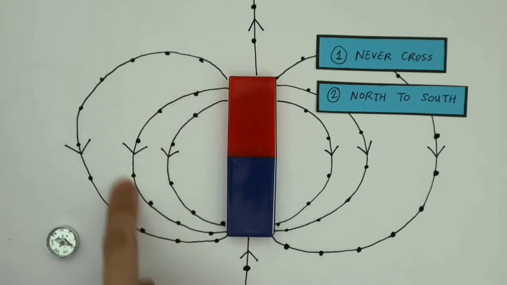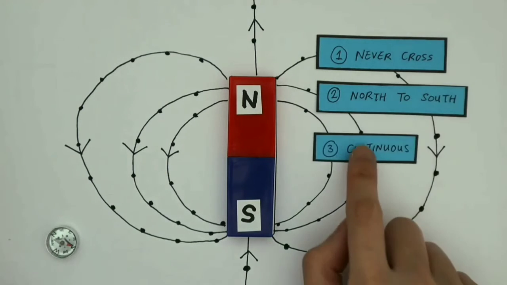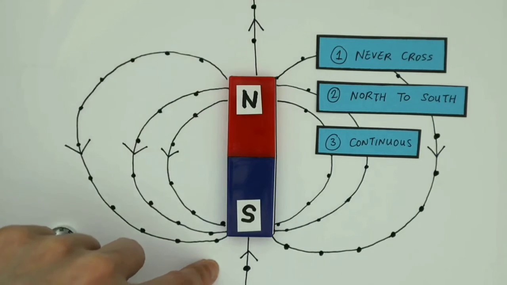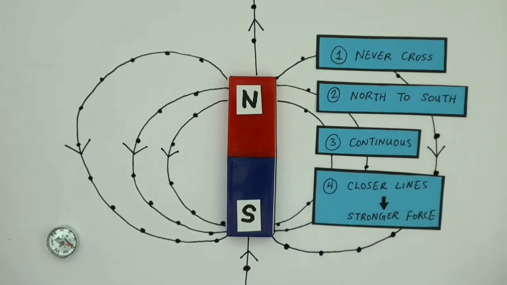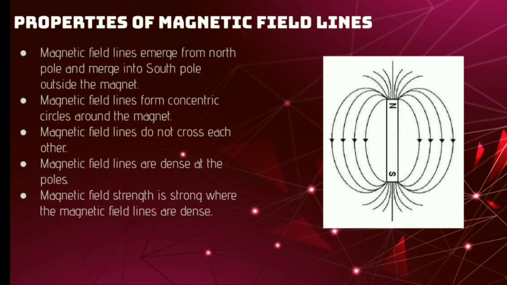They all are heading from the north pole to the south pole, and so we say that the magnetic field lines move from the north pole to the south pole outside the magnet, and they are always continuous lines. These lines do not break anywhere in between. When they start from the north pole, they reach the south pole, and they are very close. They will have a strong force in those places, that is, at the north and south poles.